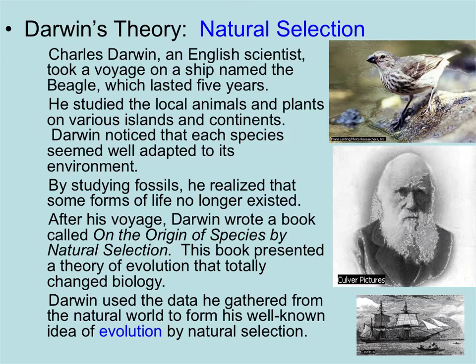Anyway, so he noticed that each species seemed very adapted to the particular environment. He noticed the traits very much matched what the environment was. So he could look at an organism and tell, okay, this organism lives here because of its particular traits. So, for example, you can look at a polar bear. I know I've mentioned polar bears a lot because it's a very common animal a lot of people know about.